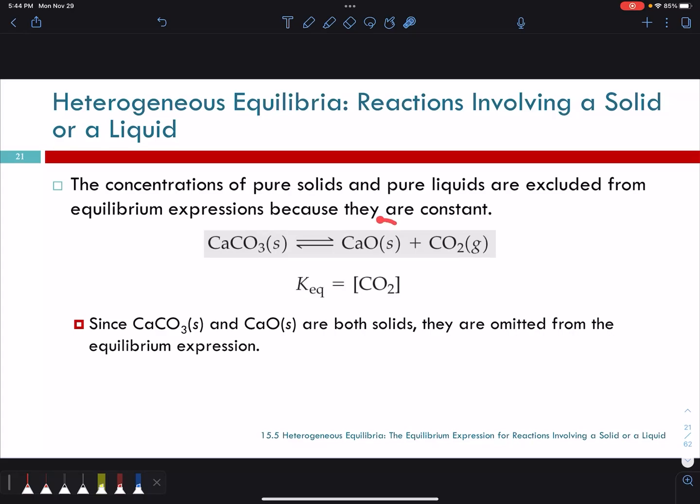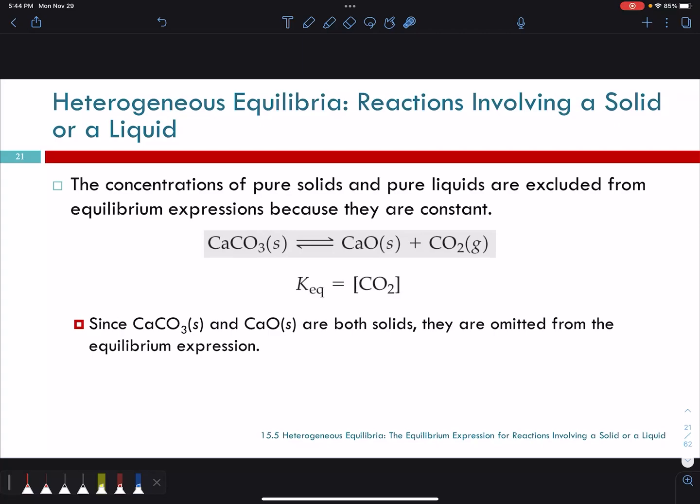If you have some solid not dissolved in the solution, just at the bottom of the beaker, it's not really interacting with that solution. Any amount of it that is in solution is going to react, but as soon as it's reacted, more of the undissolved stuff can hop into solution. So you essentially have an unlimited reservoir of reactant.